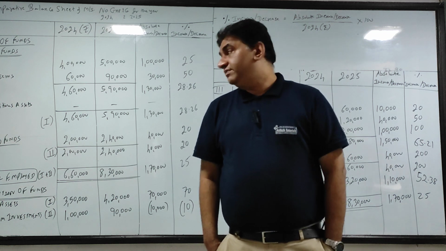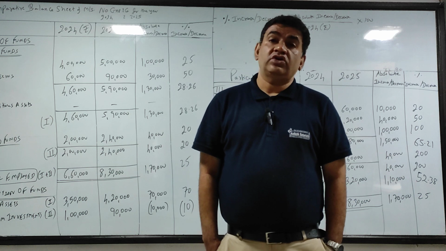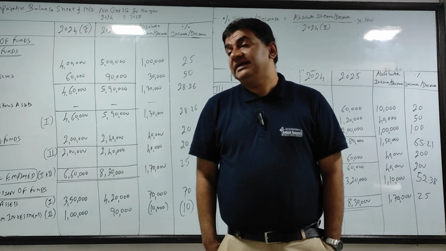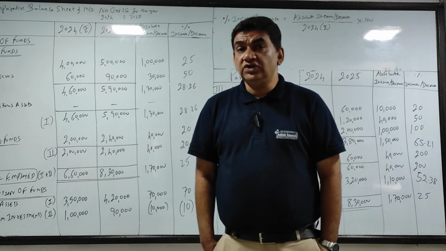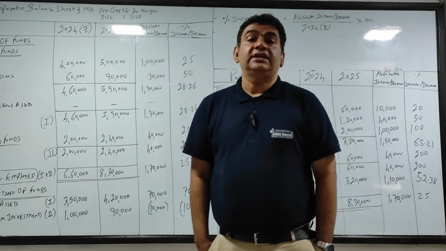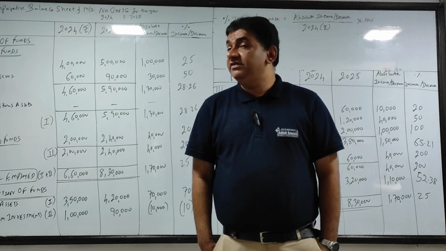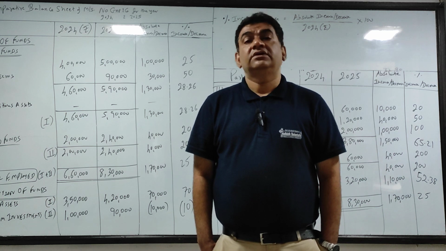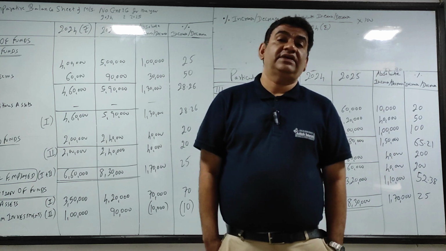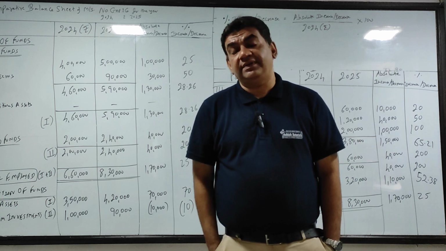That's it, guys. Please revise this before you all start the sums on comparative. And in the next class, in the YouTube open video, I will discuss with you all common size statement and we will solve 2 sums, balance sheet as well as income statement.